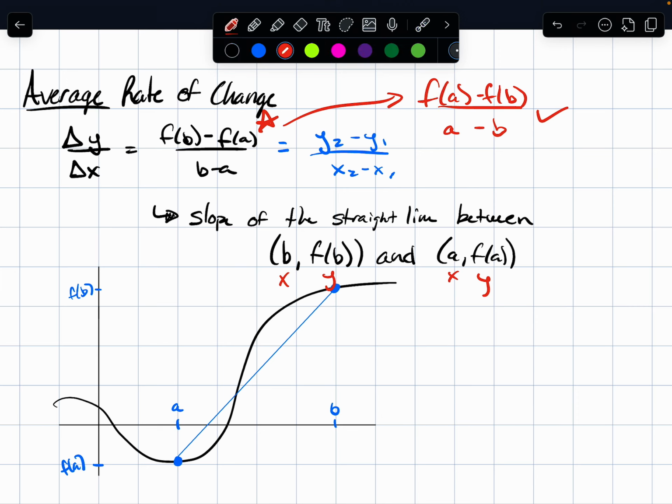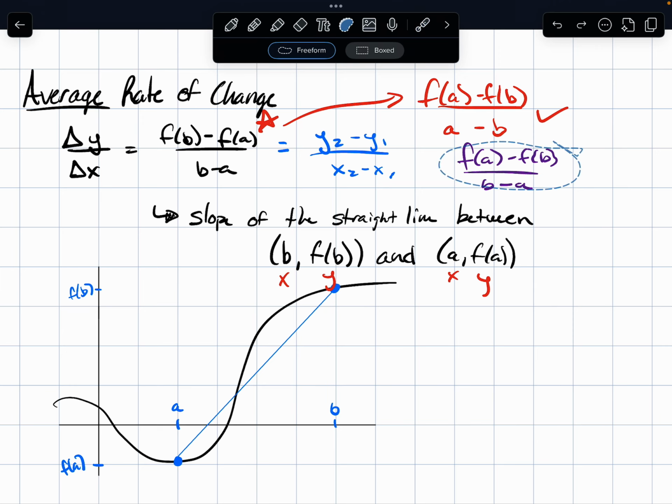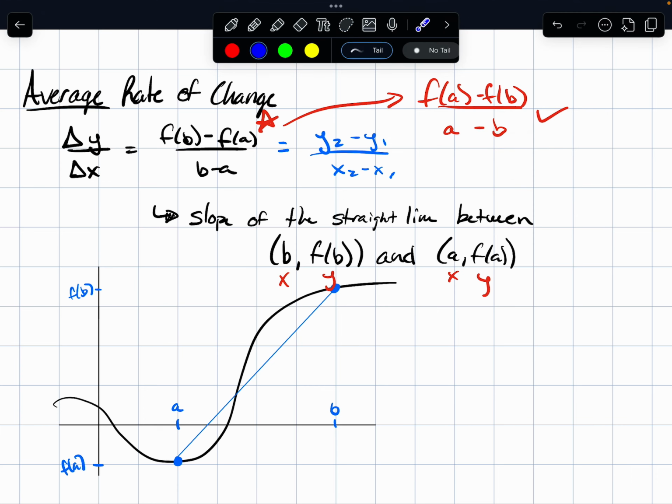So, for example, something that is not good is if I did f of a minus f of b over b minus a. That's no bueno. You can see here that the a's and the b's don't line up. They're diagonal from each other. That's no good. So either one works. I'm going to reference this one because that's what most of the literature says.